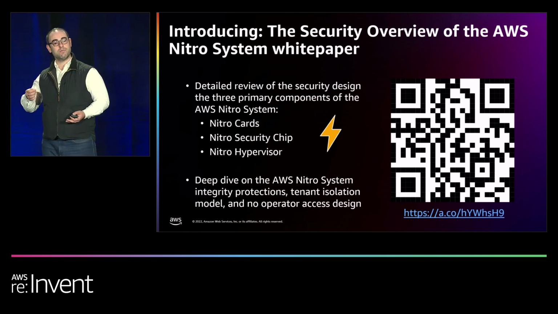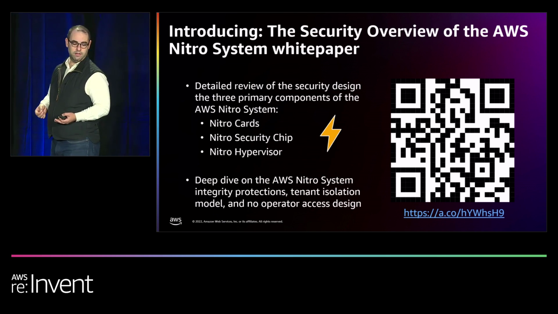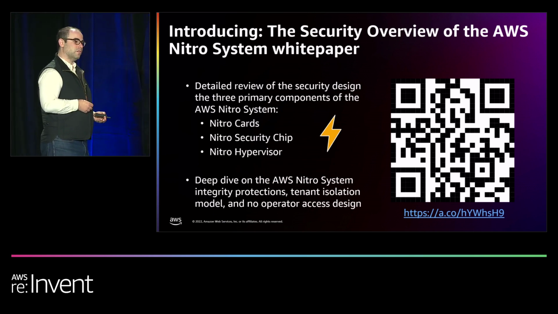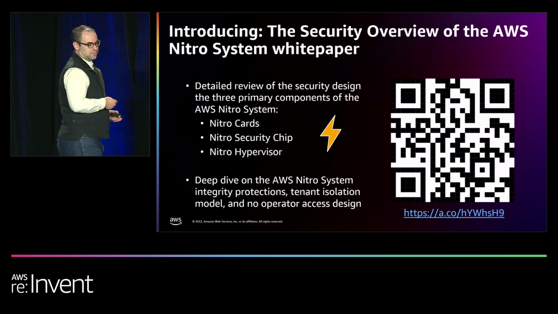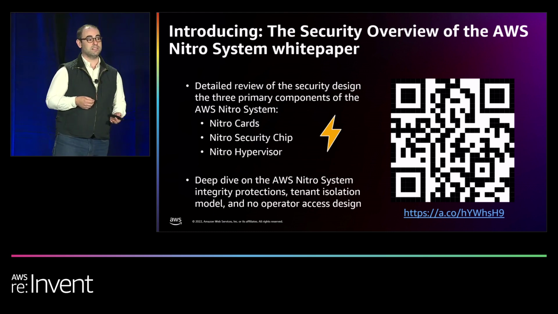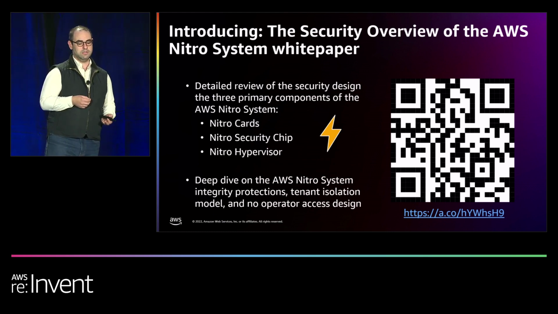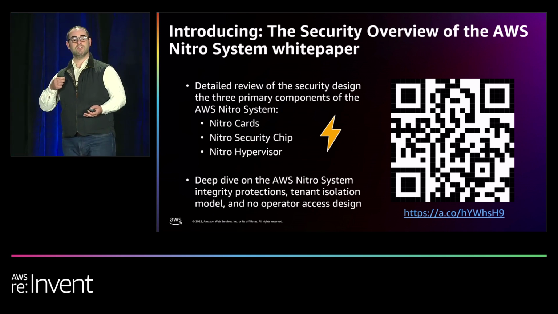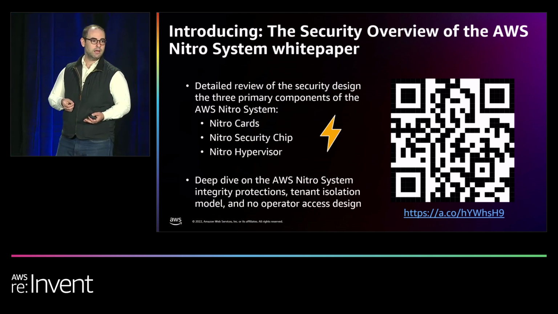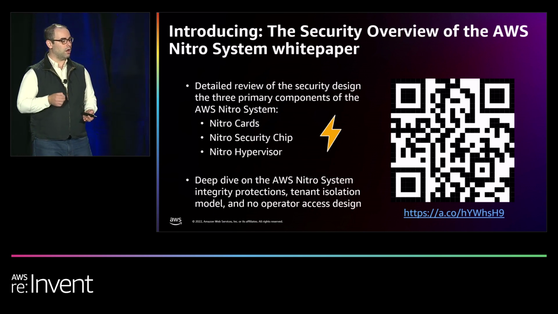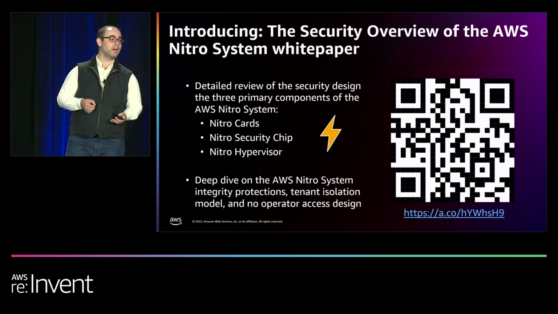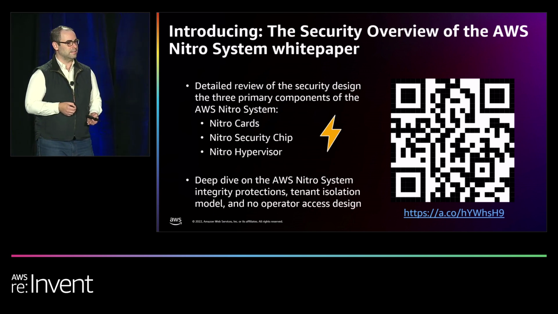We cover the three components that I discussed today, the Nitro cards, the Nitro security chip, and the Nitro hypervisor, and provide deep dive explorations of topics such as integrity protection, tenant isolation, micro-architectural side channel mitigations, and critically, our no operator access design. If you're interested to learn more, I encourage you to check it out.